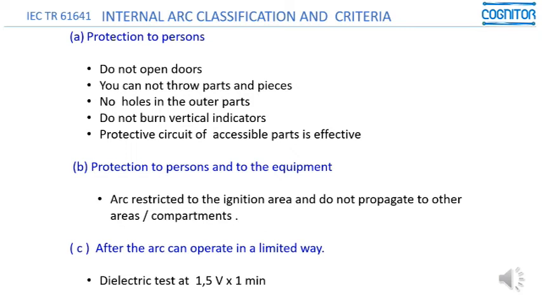We cannot burn the vertical indicators, and the protective circuit of accessible parts shall be effective after the test. This is basically the same criteria for the classification of medium voltage switchgear.